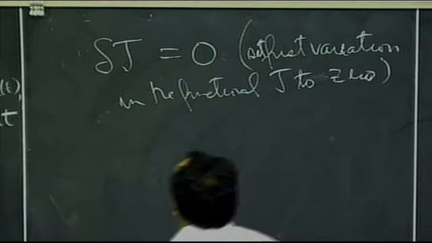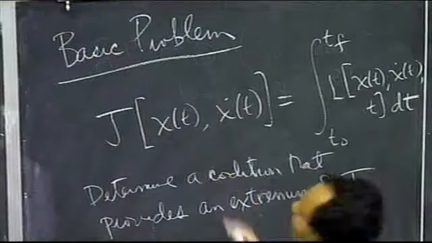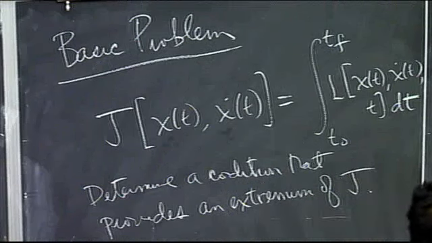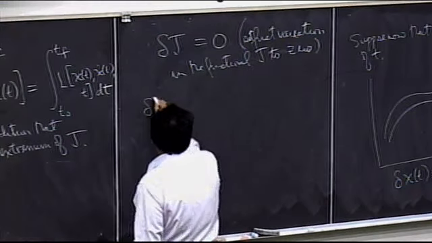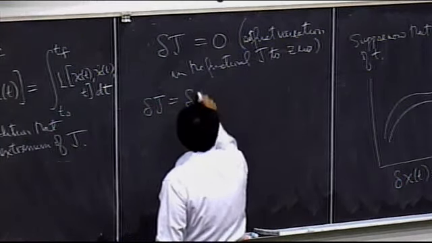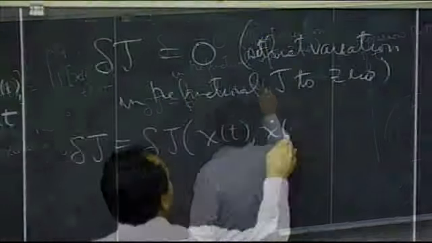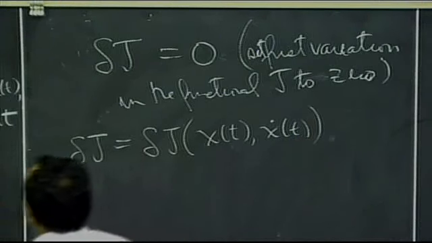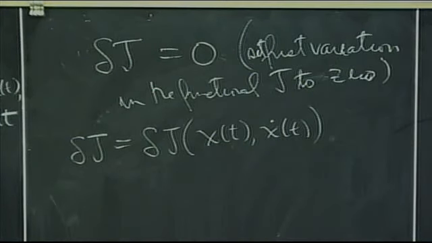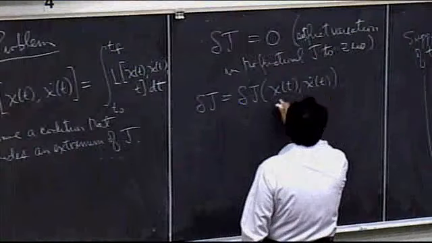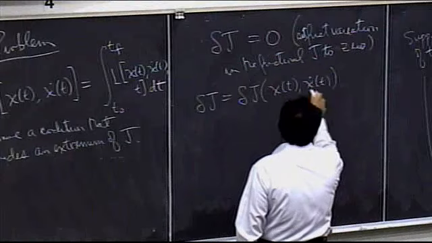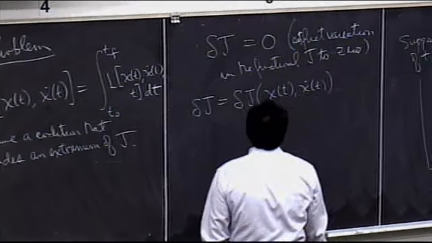So how are we going to do this variation? Let's think about this for just a minute. If I take the variation in j, that's going to equal the variation in this thing, which is a function of x of t and x dot of t, right? Forget about the integral for just a minute. Well, I somehow have to vary x of t, and as a result, I have to vary x dot of t, right?